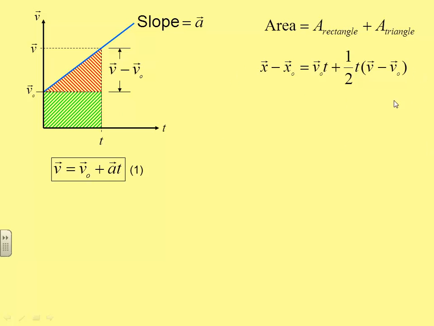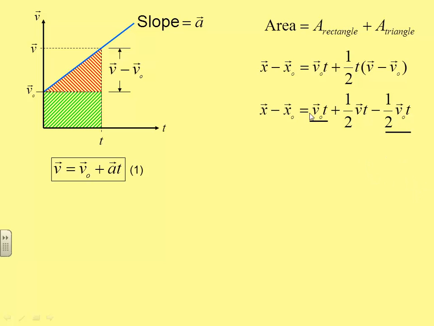Now we can make this a little simpler, do some simplification here. First of all, let's distribute through the 1/2 and the t. We get displacement is equal to initial velocity times the time plus 1/2 the final velocity times the time minus 1/2 the initial velocity times the time. By the way, feel free to go back and use the rewind button if you need to slow me down. Now we do have a couple of like terms we can combine on the right hand side.